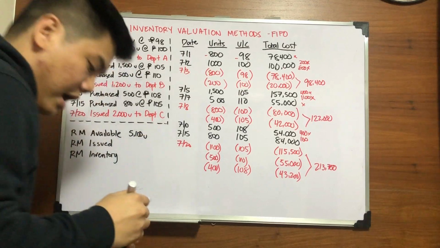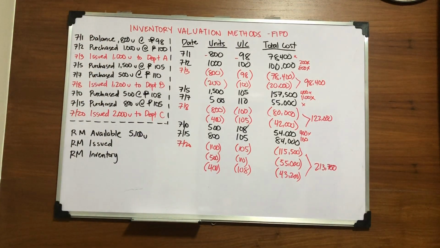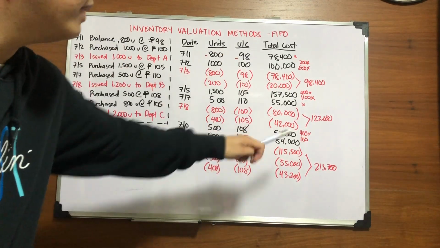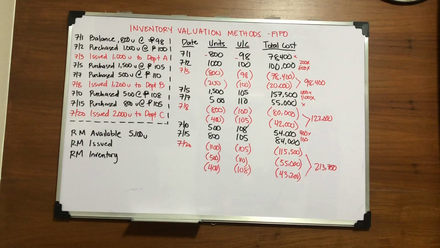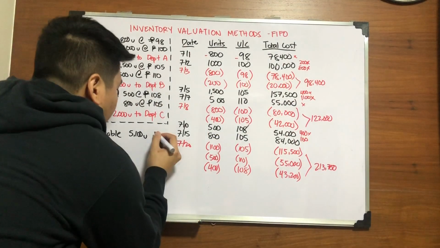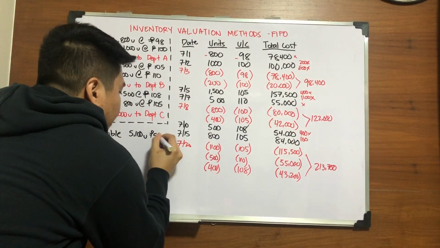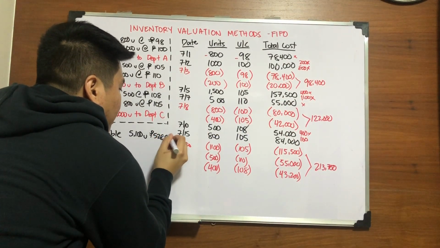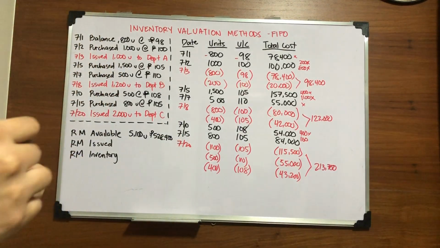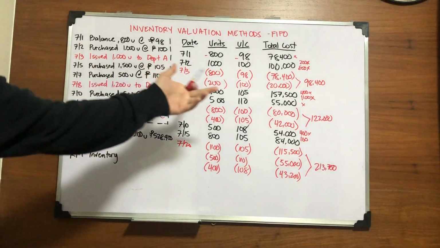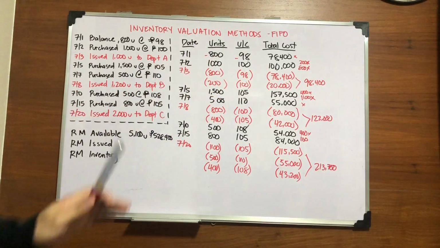And the total cost attributable to that would be, adding up the black ones, 528,900. So for your raw materials issued, these are your red font.